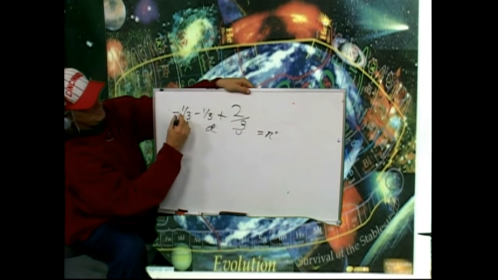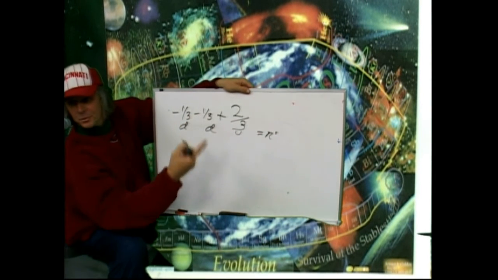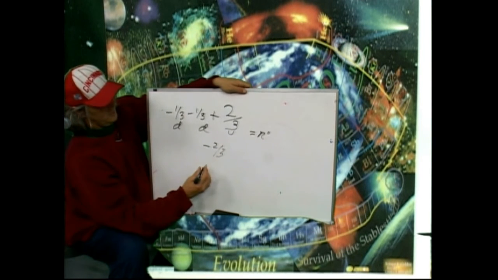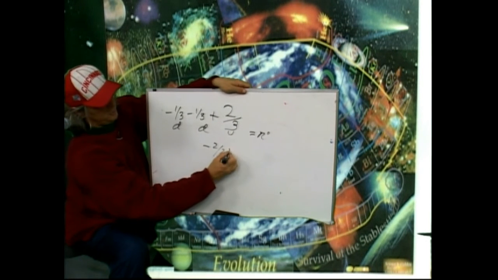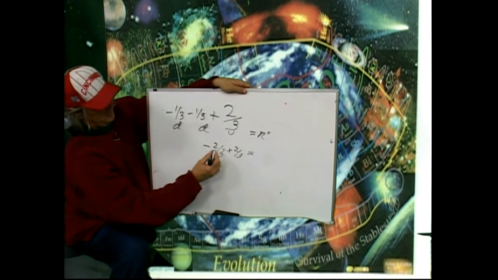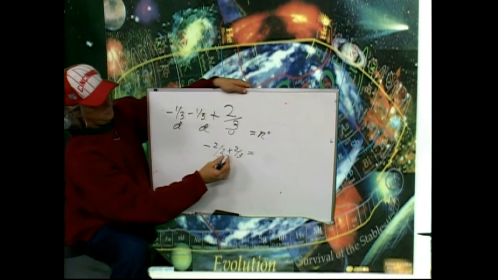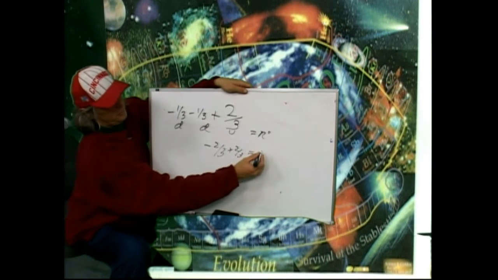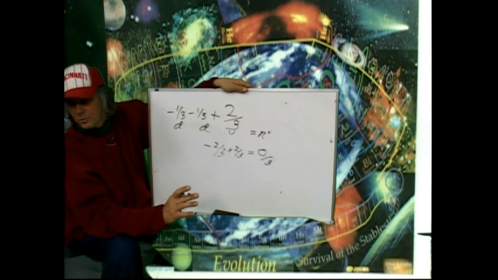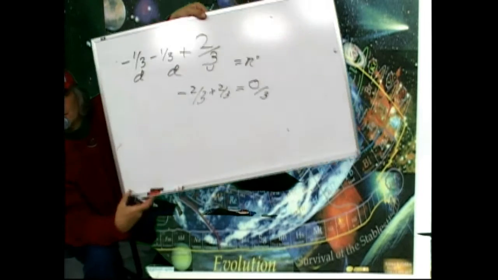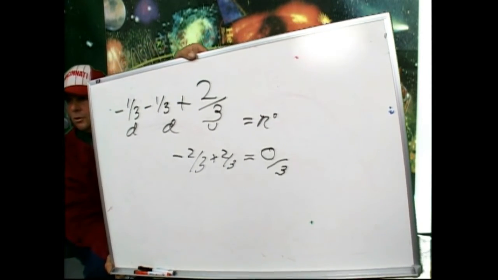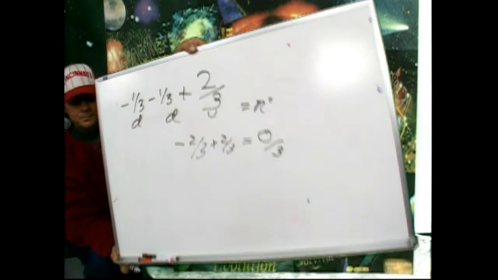So when we add them, minus 1/3 minus 1/3 comes out to be minus 2/3. And then when you add the up quark, plus 2/3, you end up with minus 2/3 plus 2/3, 0/3. Not 3 over 0. So the electronic charge on a neutron is 0.